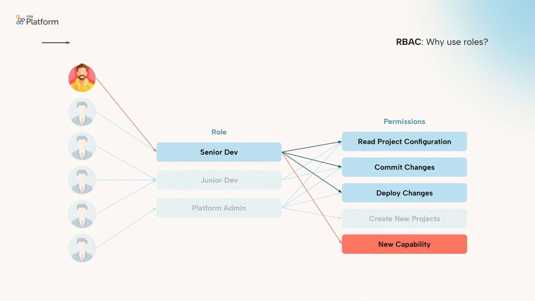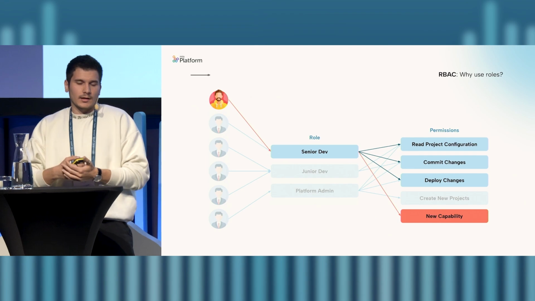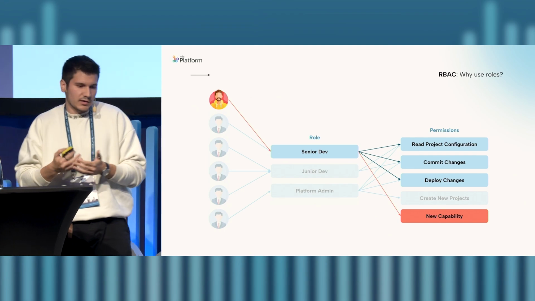To simplify the process, we add roles. And in this way, when you create a new user or when you create new capabilities, you just need to link them to the role and the new capabilities are automatically inherited by the users.